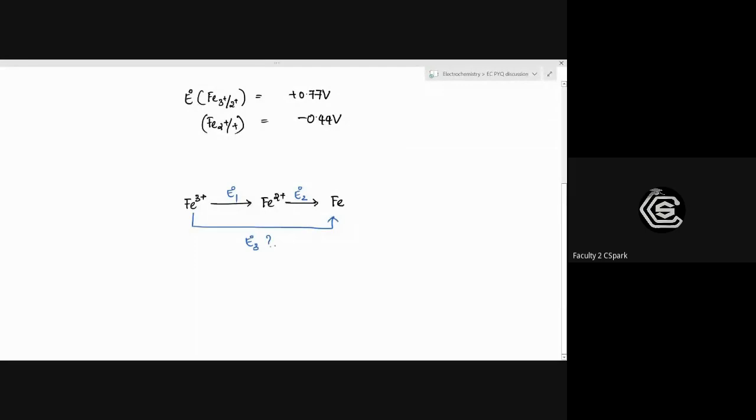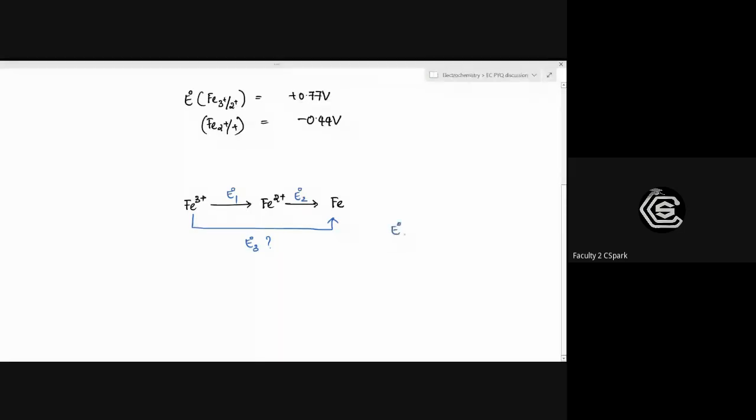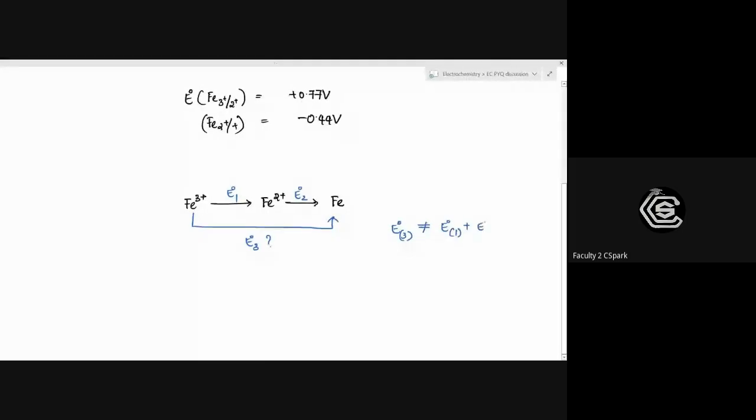So always remember, reduction potentials are not at all additive in nature. That is, E naught 3 is not equal to E naught 1 plus E naught 2. This is not true. But it is the Gibbs free energy values which are additive.